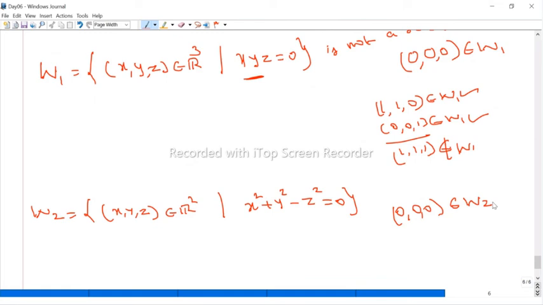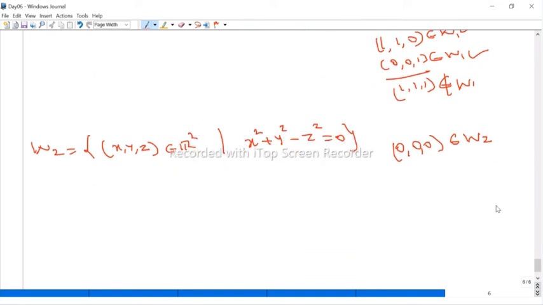Now, next we have to check that the sum is there. First you have to think that this is not a subspace, then you try to give a counterexample. Suppose I am taking x equal to 1, y equal to 1. Then I need some z to satisfy this equation.